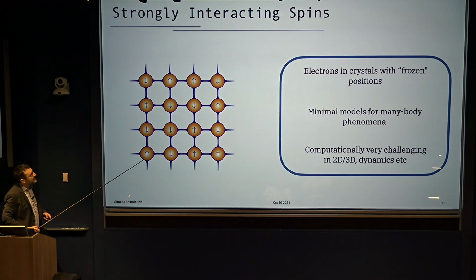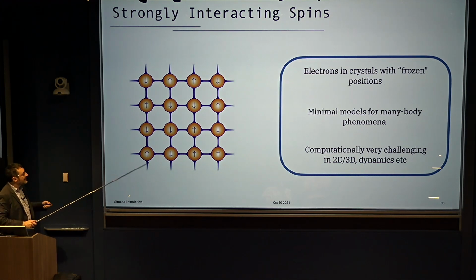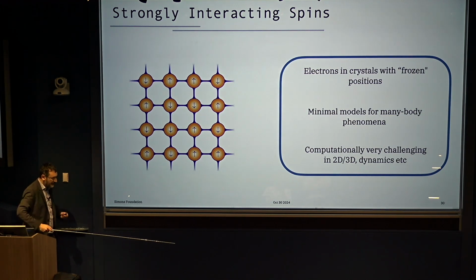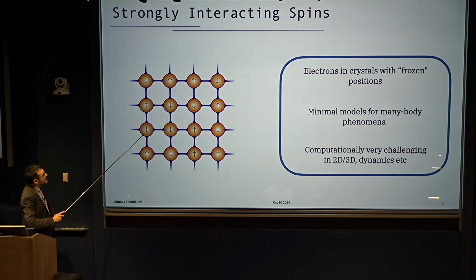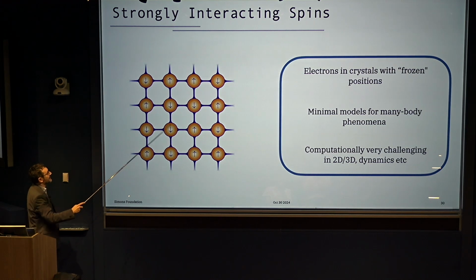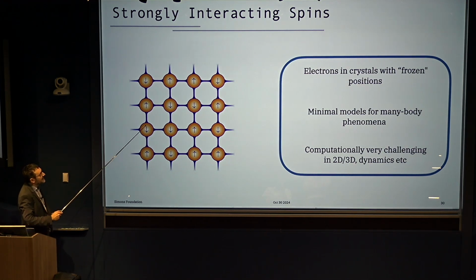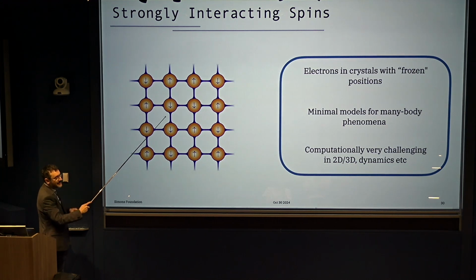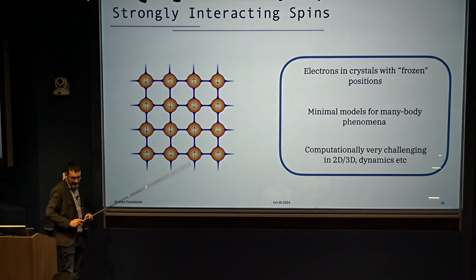One such case is the case of strongly interacting spins. This is an idealization of what happens in a solid, for example, in a material, where your electrons sit at some lattice positions, for example, if you have a crystal, and you neglect the fact that these electrons can move around. So they are frozen at these crystal positions, and the only degrees of freedom that are left are the internal spin degrees of freedom of your electrons.